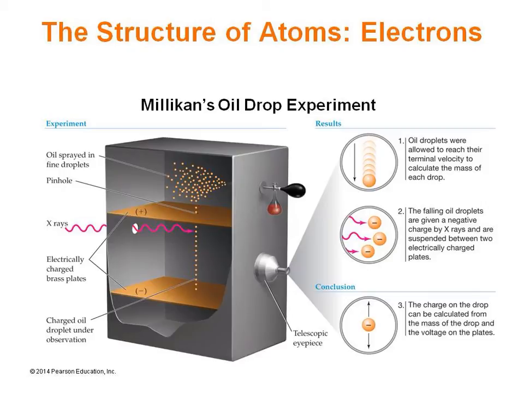What he then did was he shot X-rays at these oil drops. What these X-rays did was they kicked electrons off the oil drop. So I've got my oil drop here. I'm falling at a terminal velocity. So Millikan's able to calculate my mass here.